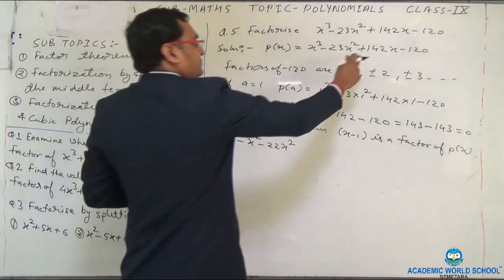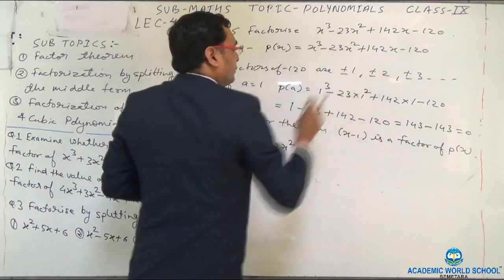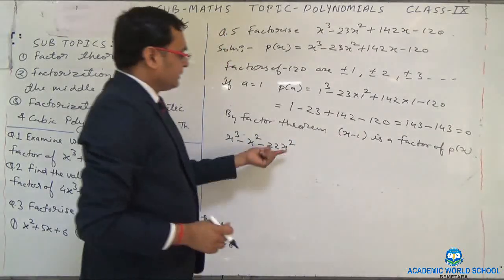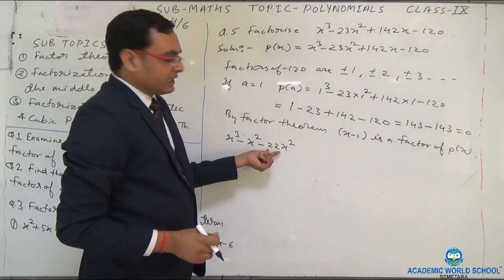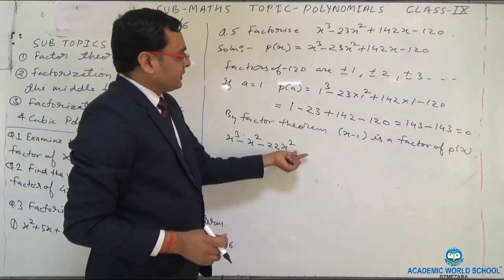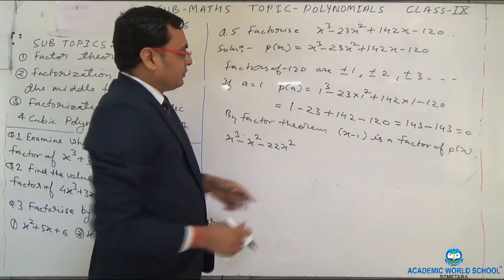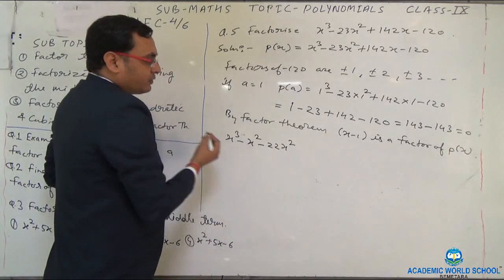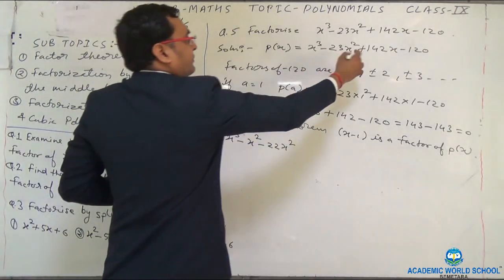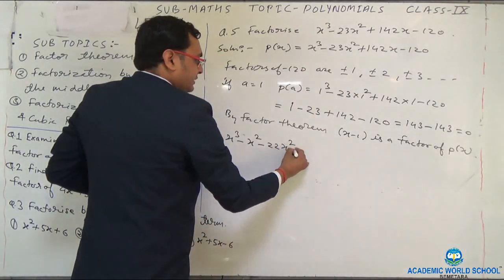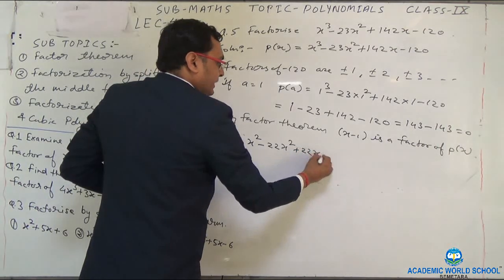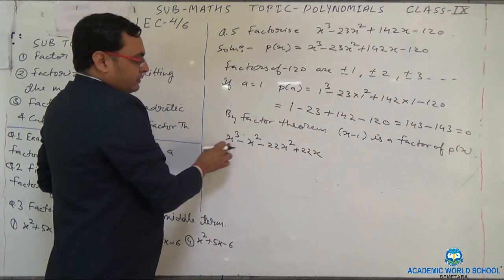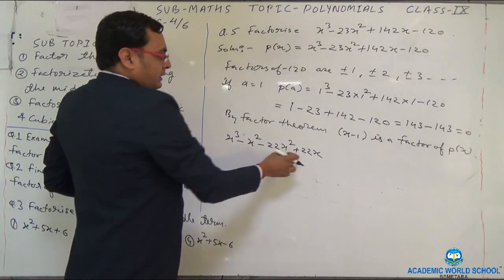Next, from 142x, if we want to find x minus 1, from minus 22x square we will take minus 22x common. So here also we should get 1 by taking 22 common. So the 142x will be split into 22x and 120x. Look at here, x square is taken common, so x minus 1 will be left.